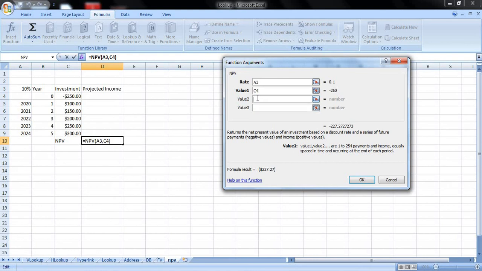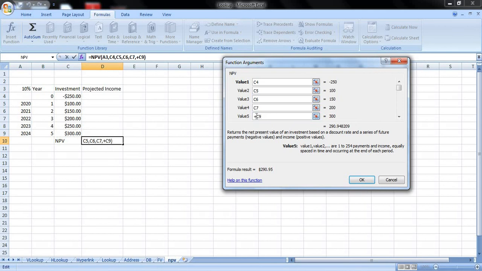Value 2 will be this. Value 3 will be this. Value 4 at the end of the 4th year will be this. And value 5 will be this.